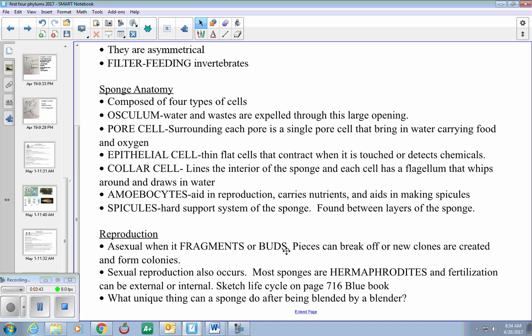And the sponges are typically hermaphrodites, which means they have both male and female reproductive organs. And they can have internal or external fertilization. So, for example, sometimes they have a really strong tide, and all the sponges will release either sperm or eggs, and then hopefully they fertilize in the water.